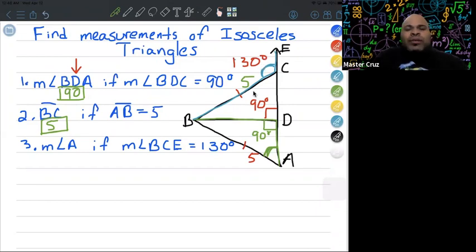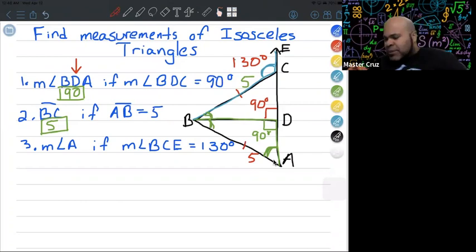Well, the truth is that because this is an isosceles triangle, hopefully you can see this side is congruent to this side because they share this side in the middle. This side is congruent to this side as well, okay? And also, this is 90 degrees, and this is also 90 degrees. Because this is cutting it in half, these angles are the same. These are congruent angles, which means that angle A is exactly the same.